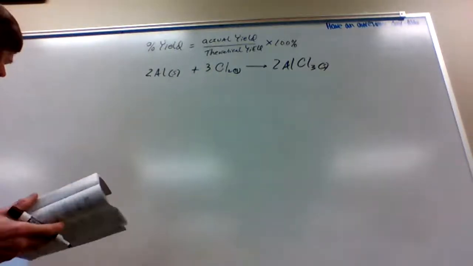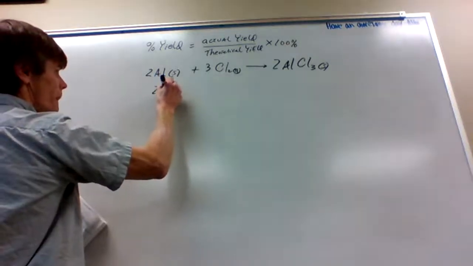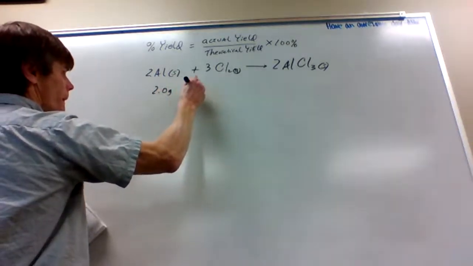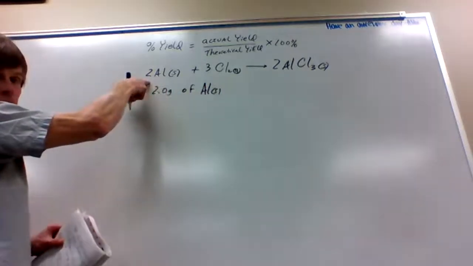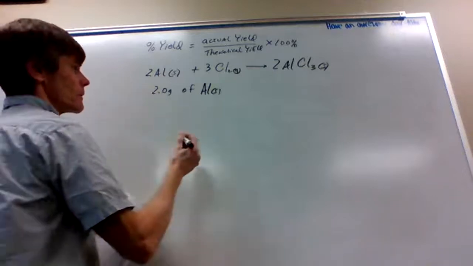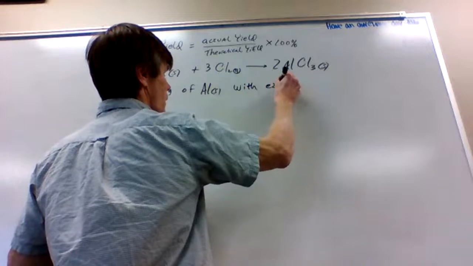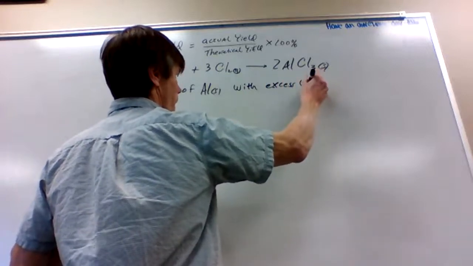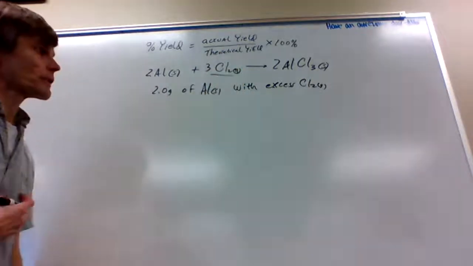Okay, what we're going to do is we're going to react 2 grams of aluminum. There's our 2 grams of aluminum. It's our reactant with excess chlorine. There's our chlorine. That's present in excess.